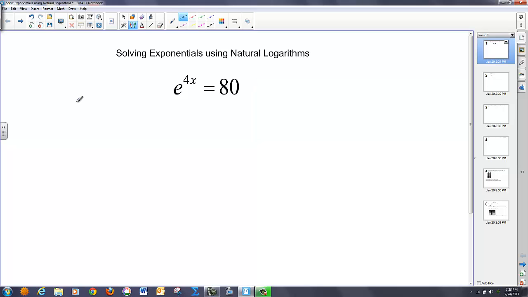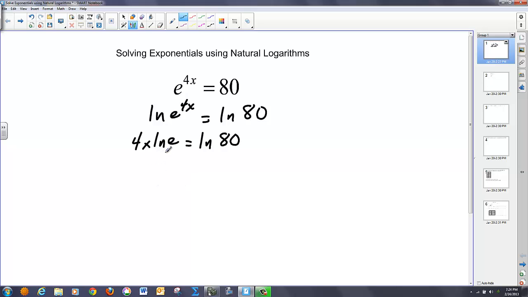What we're going to do is take the natural log of both sides of the equation, and you'll notice that I can take that power, bring it out in front. So I have 4x ln e is equal to the natural log of 80.